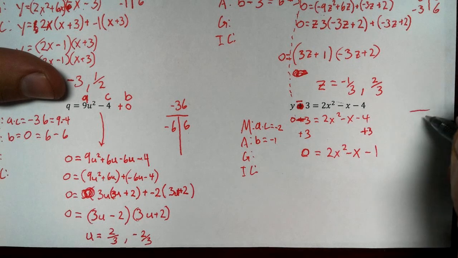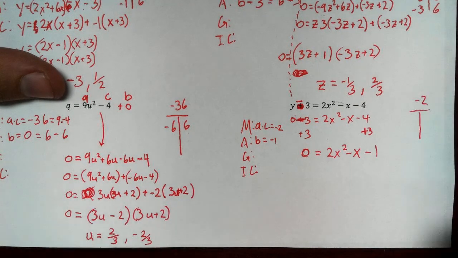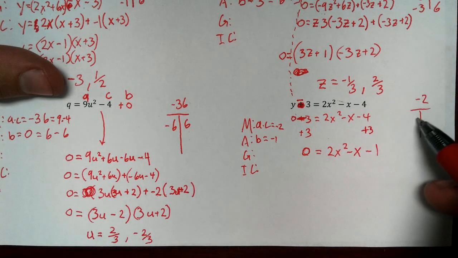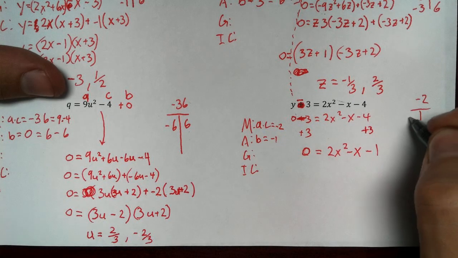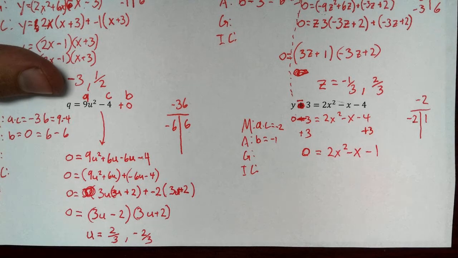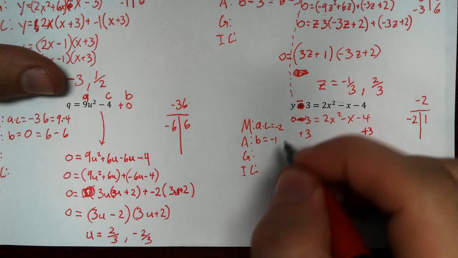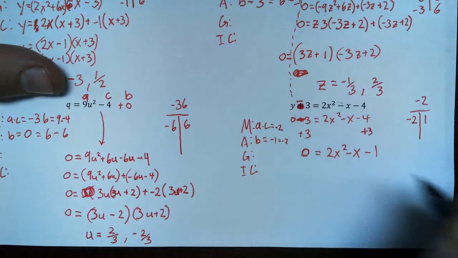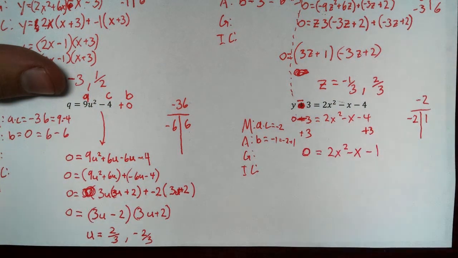So I'm going to make these factors, and this might be an easy one. What are the factors of negative 2 that add to negative 1? Gee, I don't know. Is it negative 2 and 1? Indeed it is.